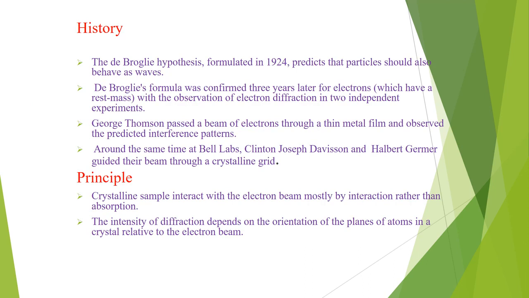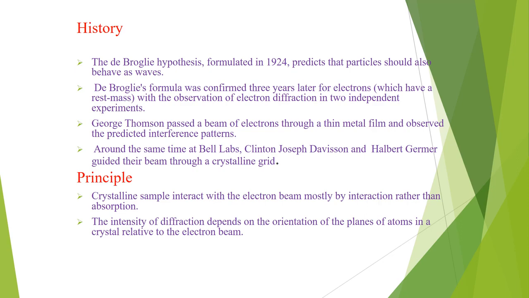The history of the electron diffraction technique is that the de Broglie hypothesis, formulated in 1924, predicts that particles should always behave as waves. The de Broglie formula was confirmed after 3 years for electrons, which have a rest mass, with the observation of electron diffraction in two independent experiments.